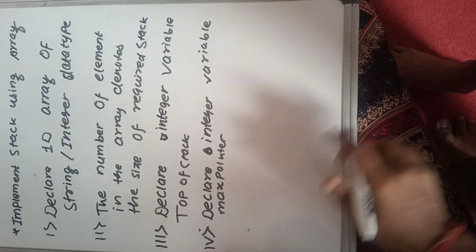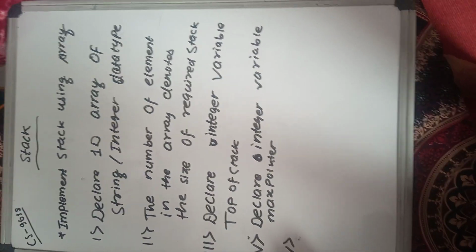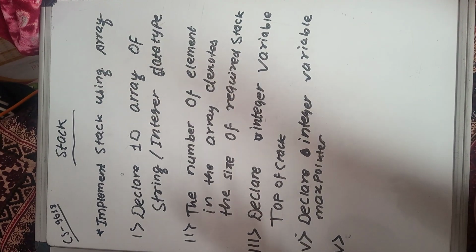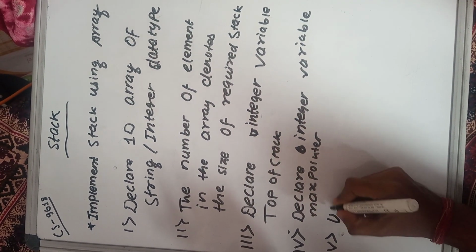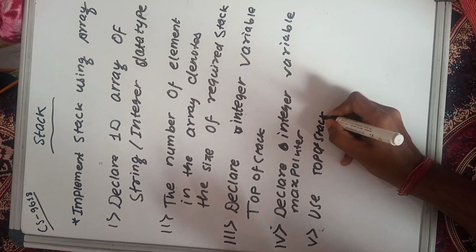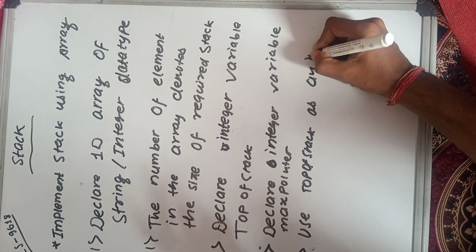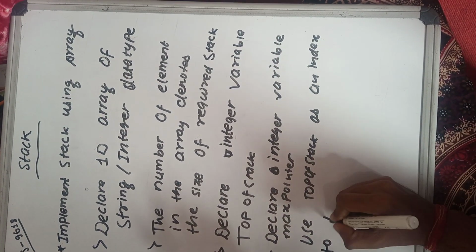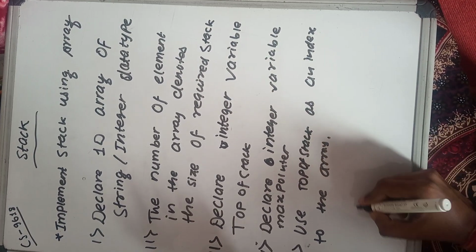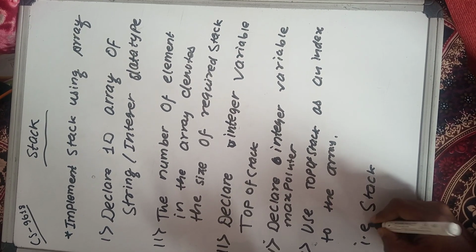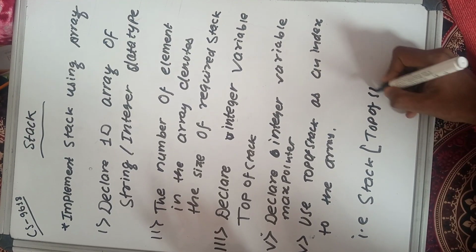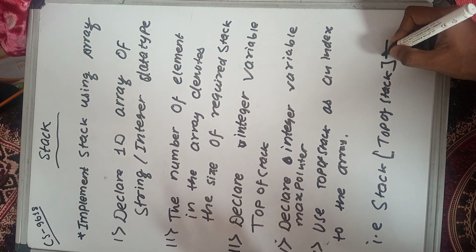Okay, now we can also say that we use the top of the stack as an index to the array, which means that if our array name is stack, then we can use the top of the stack as its index.